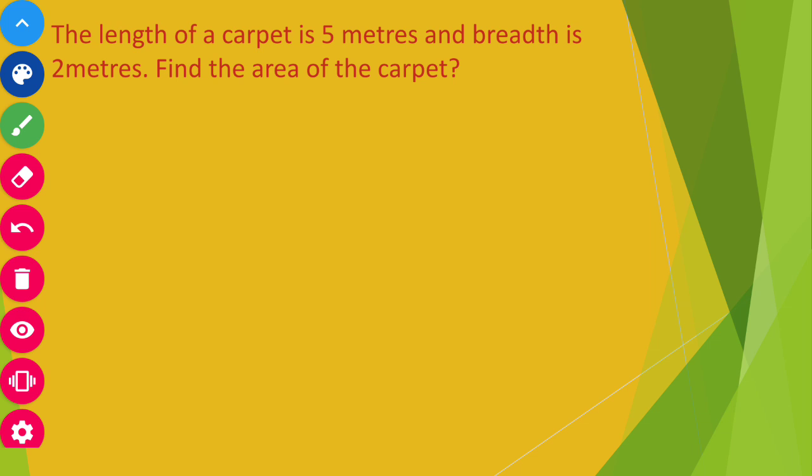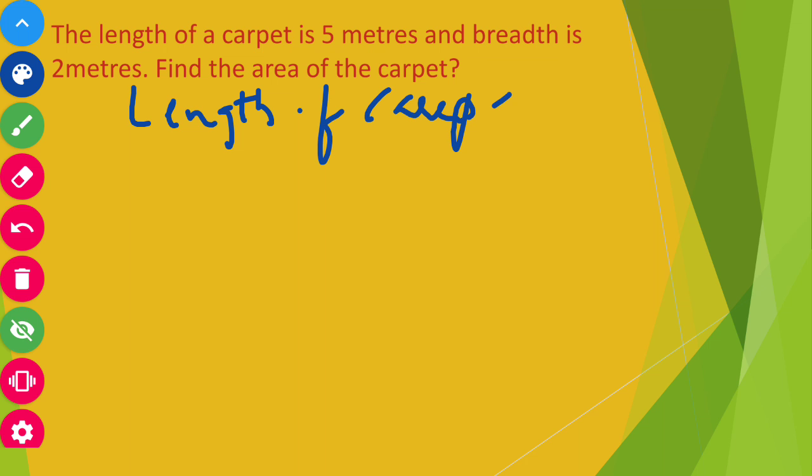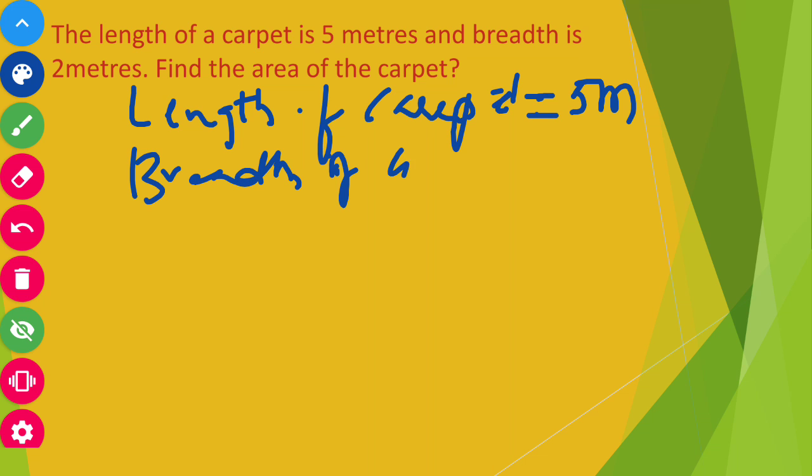So the length of the carpet is 5 meters and breadth is 2 meters. Now find the area of the carpet. First, length of the carpet is 5 meters. Then breadth of the carpet is 2 meters. Now what do I need to do? I need to find the area.